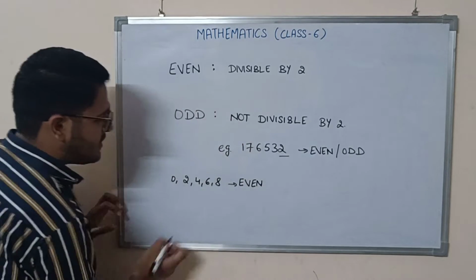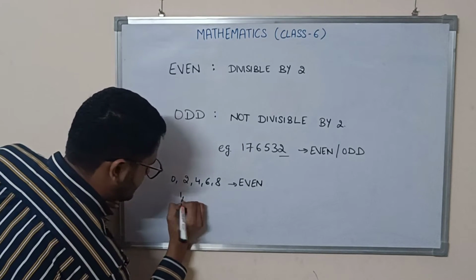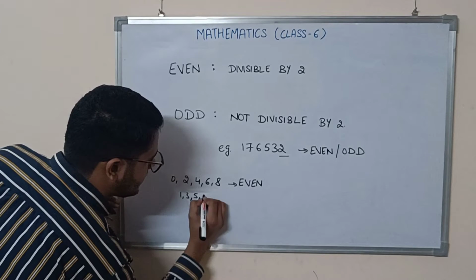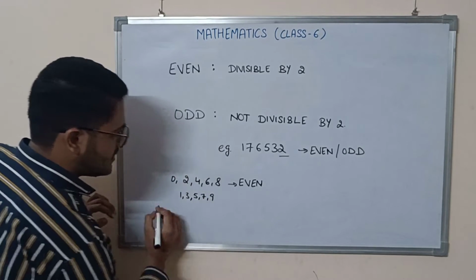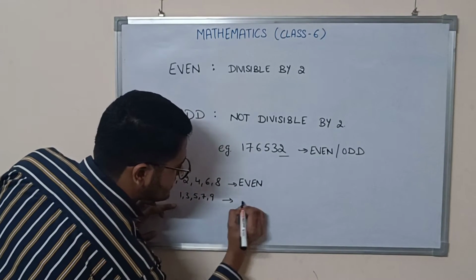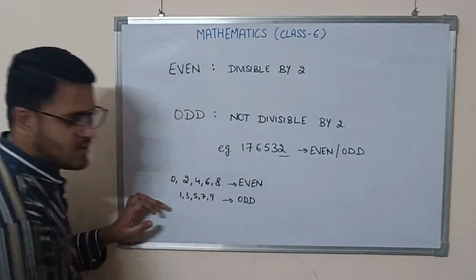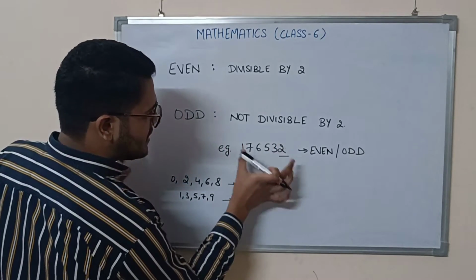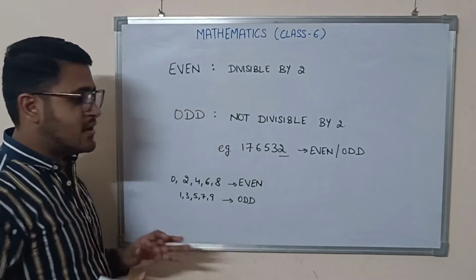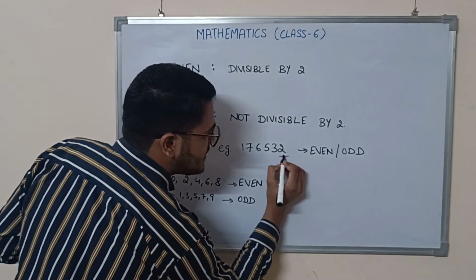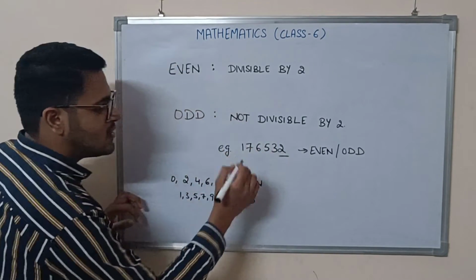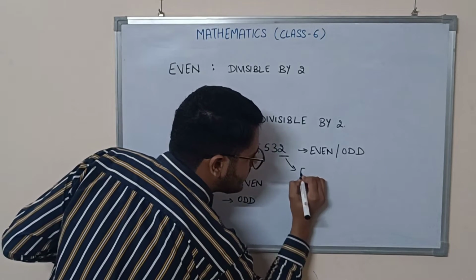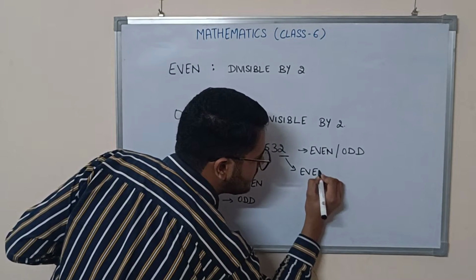And if the ones place digits are 1, 3, 5, 7, 9, then the number will be odd. Simple. So for this big number, we don't need to divide it by 2. We simply see that the ones place digit is 2, so we can say it's an even number, right?